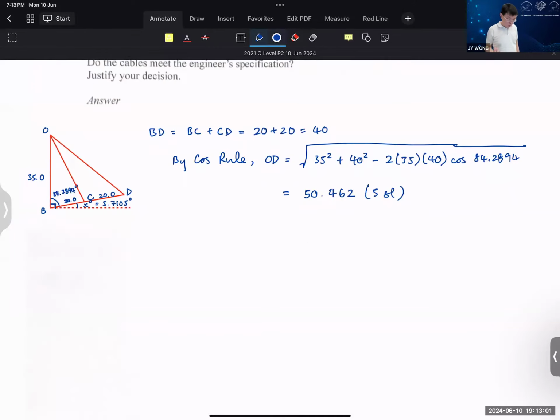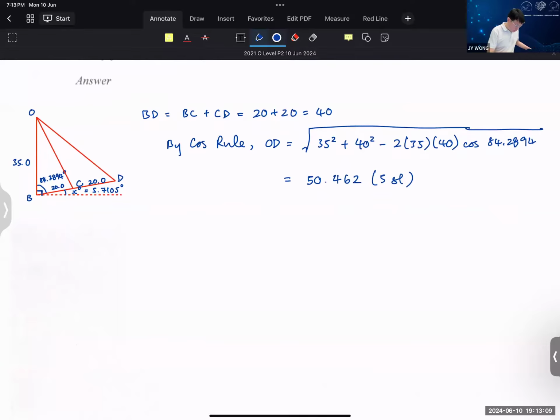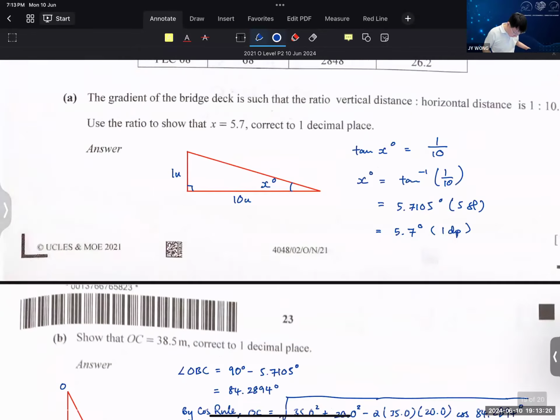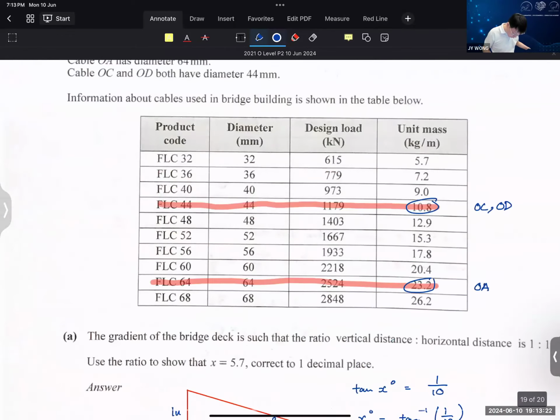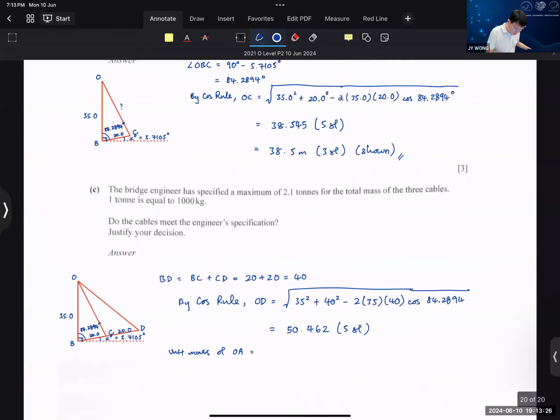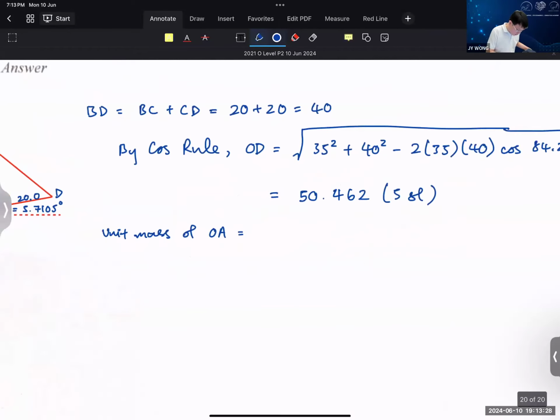So this is what we know. We have found OD, we have found OC, we have OA given directly. You have the unit mass. So unit mass of OA is 23.2 kg per meter.